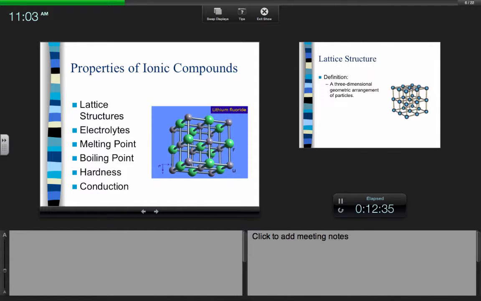For the next 3 or 4 slides, maybe more, we're going to talk about just ionic substances. There are some really cool features about ionic compounds that I want to bring to your attention. What I want you to realize is that ionic substances are what 2 types of elements? Metals and nonmetals.